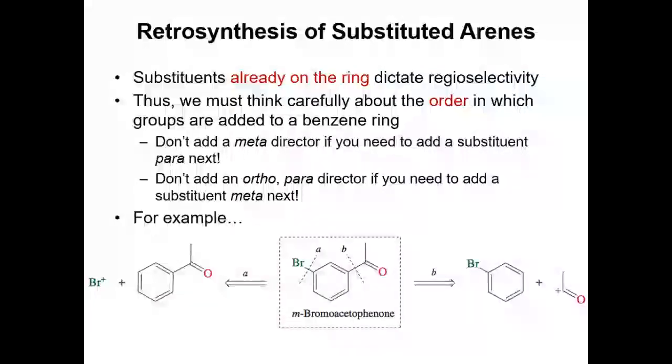But the question we need to think about is which one we should place first. Now these two substituents are meta to each other, right? So the first group you put on the ring must be what director?